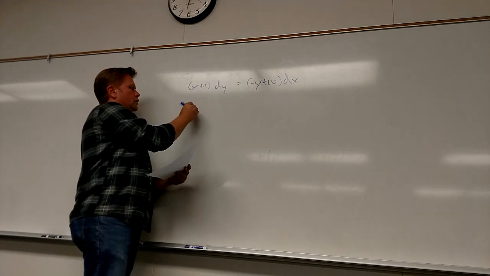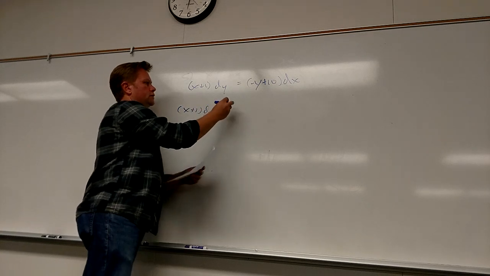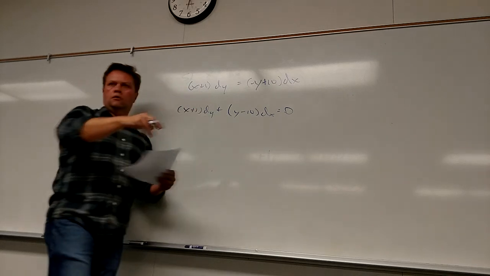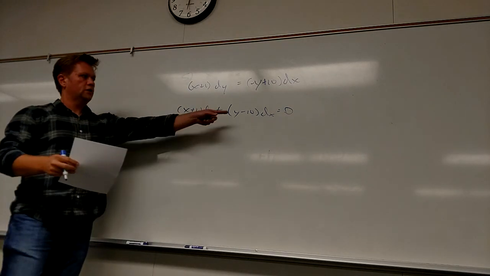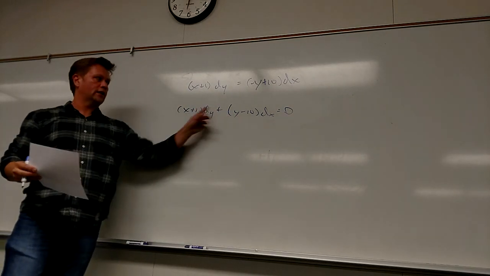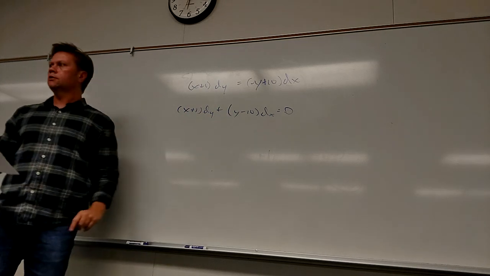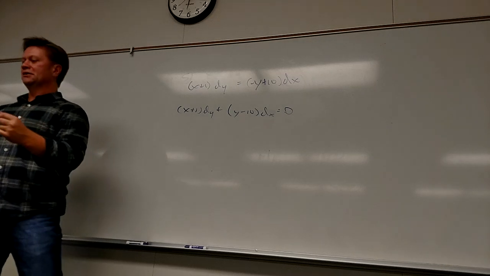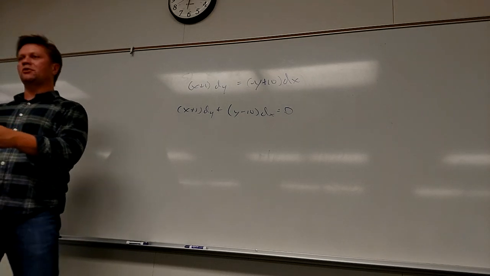Yeah. So then you go x plus 1 dy plus y minus 10 dx. And then, of course, it's exactly like the other one in that case because the constants don't matter. Okay, I like it. So that one's exact. So we got 4 and 3. And there's one more.